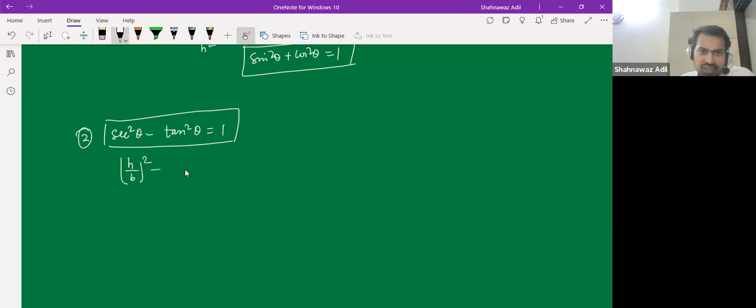And what is tan theta? P by b, right? And then square. So LHS, this would be h square by b square minus p square by b square.